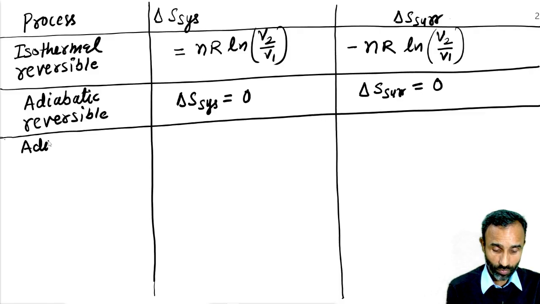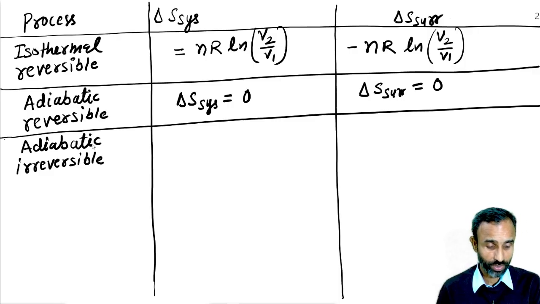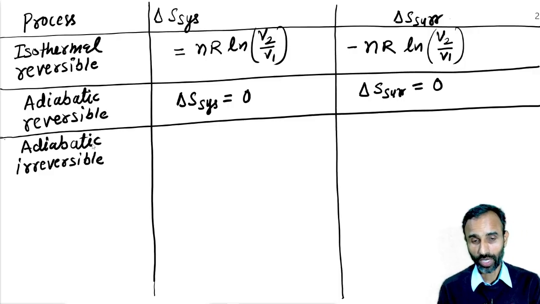Now adiabatic but irreversible. Because adiabatic reversible, Q reversible is 0, so delta S is 0.